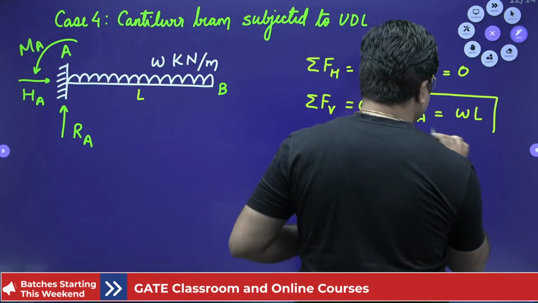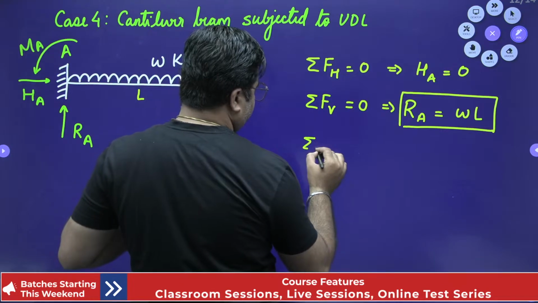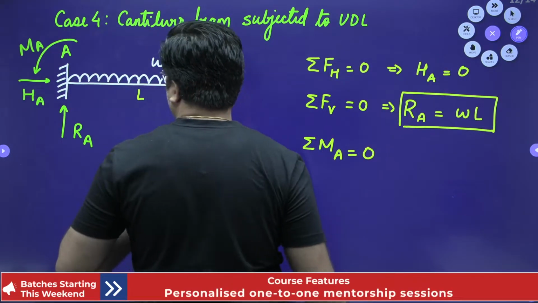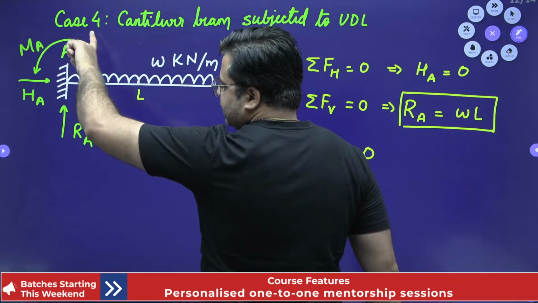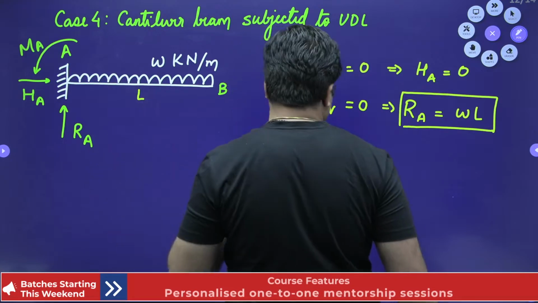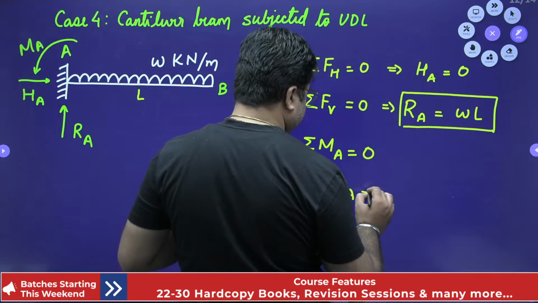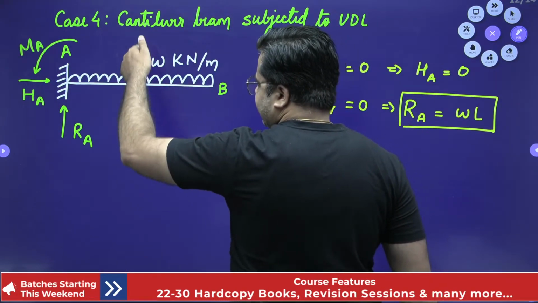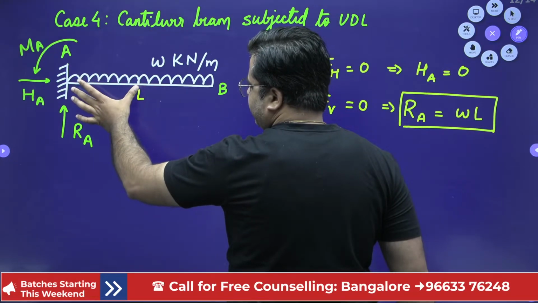Now the third one is calculating the value of MA. So the summation of moments about point A should be equal to 0, right? This load will be giving a clockwise moment, so this reaction moment should be anti-clockwise. So minus MA plus this total load W into L, and this total load will be acting at the CG of the load, which is at a distance of L by 2.